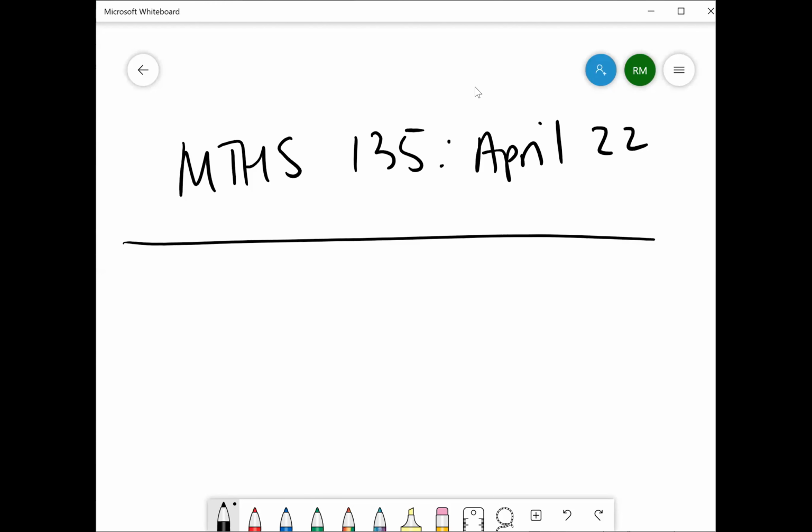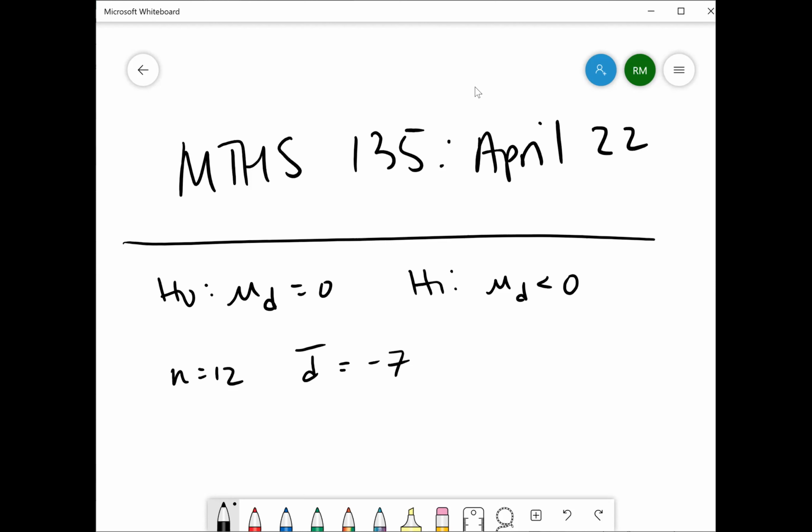So we knew that our null hypothesis was that there was no difference between the anxiety levels viewing pictures versus real spiders. And the alternative hypothesis was that we think that viewing pictures is less anxiety provoking. We took a sample of size 12 and found that the sample difference was -7 with a sample standard deviation of 9.8.